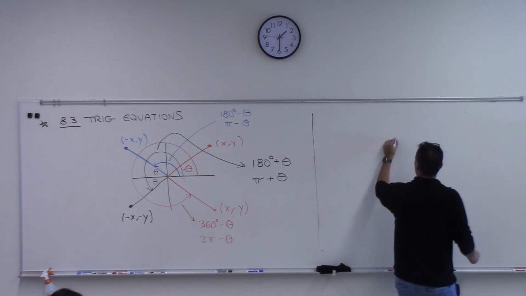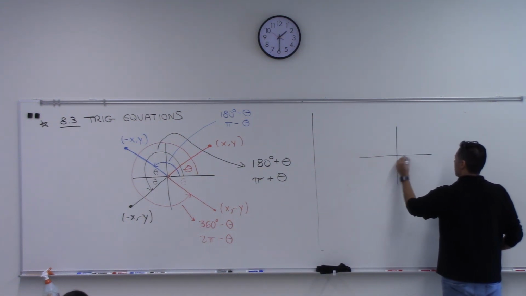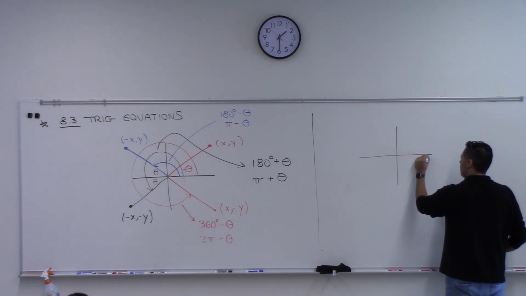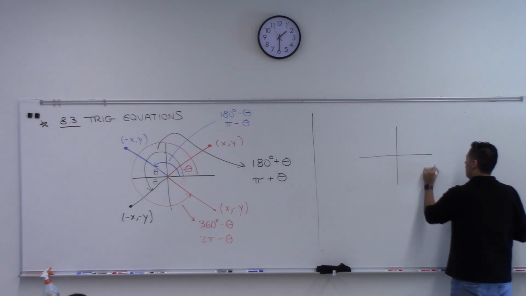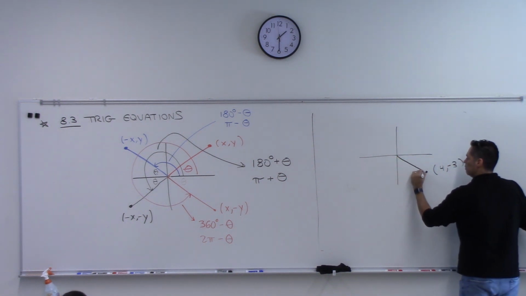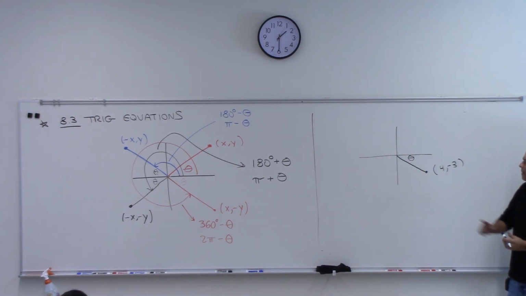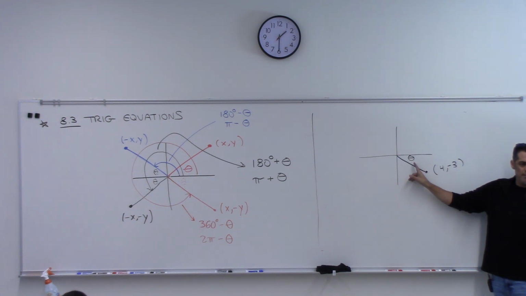Let's say I said go over 4 down 3. So I gave you this point 4, negative 3. And so this is going to be some angle in here. Let's call it theta. Would that be a positive angle or a negative angle, you think?